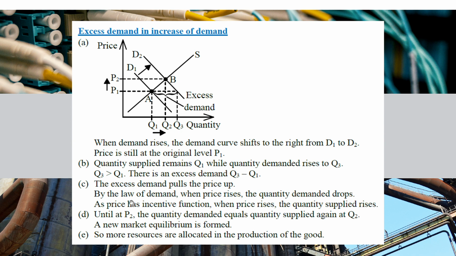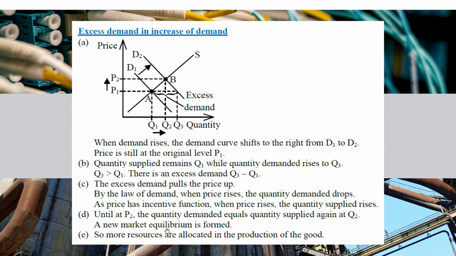And price is also an incentive, right? When the price rises, quantity supplied increases, so Q1 increases. So although QD and Q1 are separate, they will merge back at the new equilibrium position Q2 when the price rises from P1 to P2. Until at P2, the quantity demanded and quantity supplied are again the same at Q2.